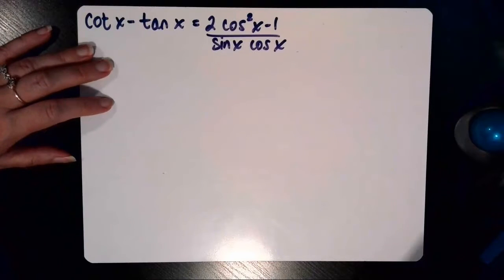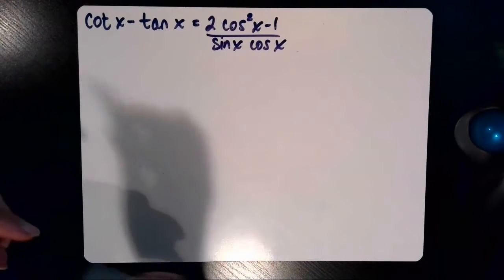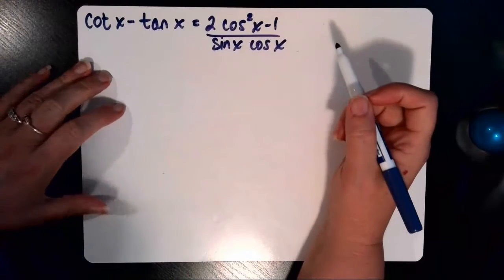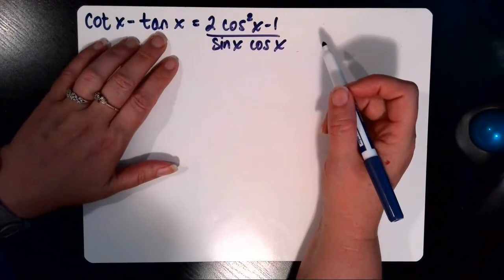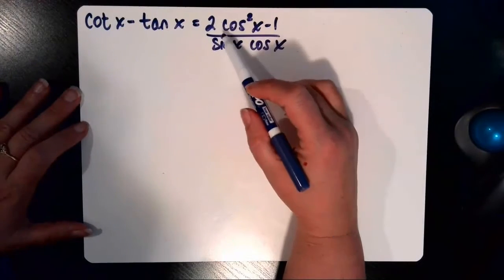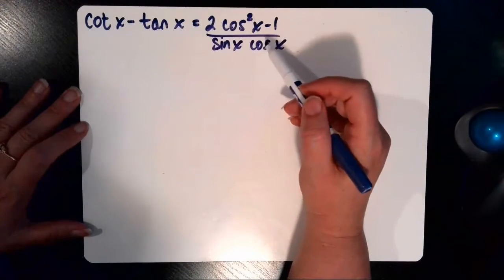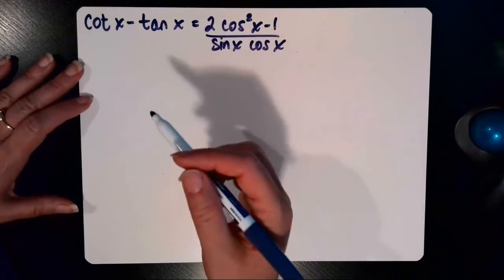Okay, so in the last video, we looked at how to verify this identity by starting with this left side, cotangent of x minus tangent of x, and using that as our given and showing that it was equal to the right side, 2 cosine squared x minus 1 over sine x cosine x. This time, we're going to try it the other direction.